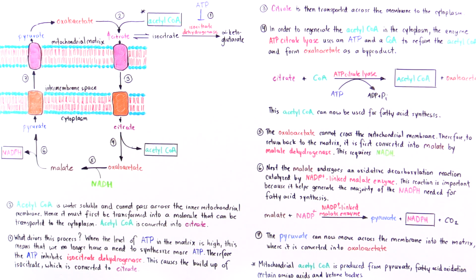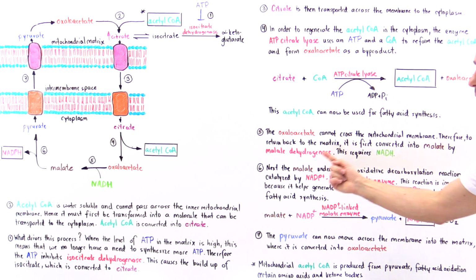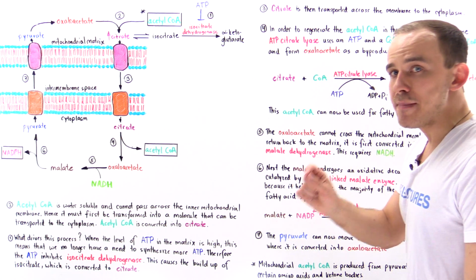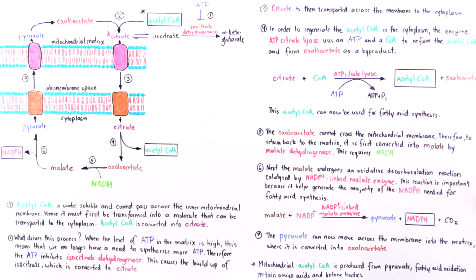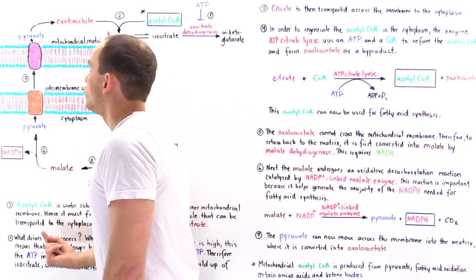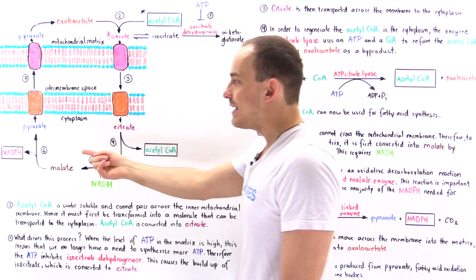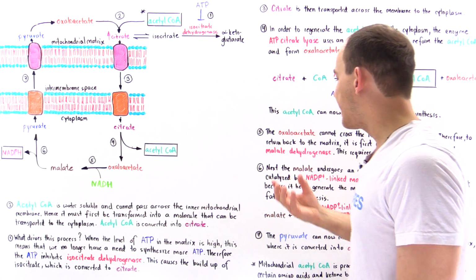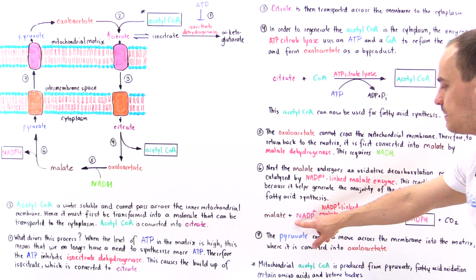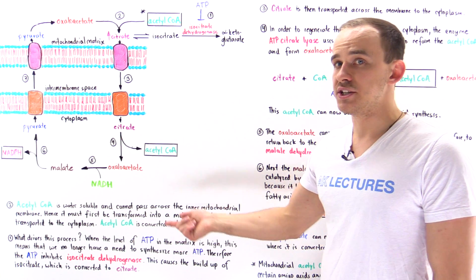So next, the malate undergoes an oxidative decarboxylation step that is catalyzed by the enzyme NADP+ linked malate enzyme, also known as malic enzyme. And this reaction is important because not only does it give us a way to actually move that molecule across the membrane of the mitochondria, it also generates that NADPH that will be used in fatty acid synthesis. So malate, in the presence of NADP+, and this enzyme NADP+ linked malate enzyme, is transformed into pyruvate.